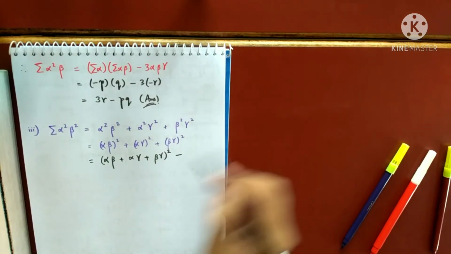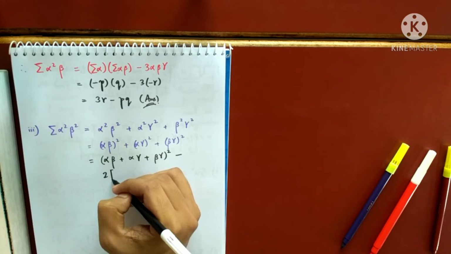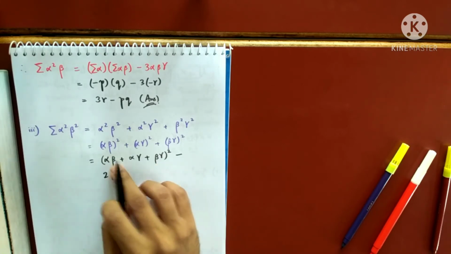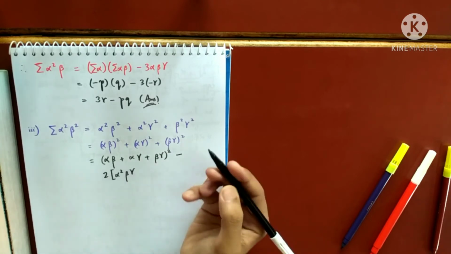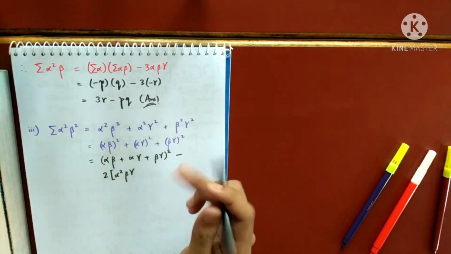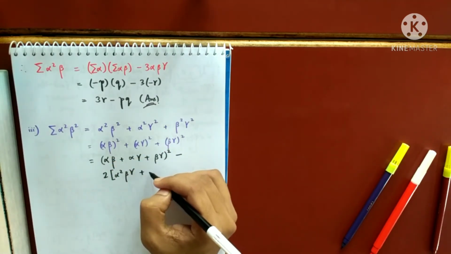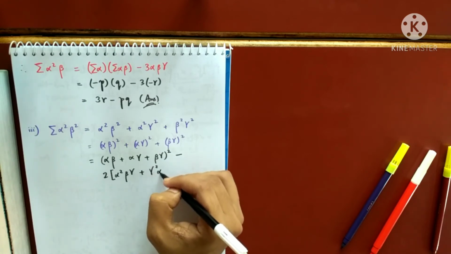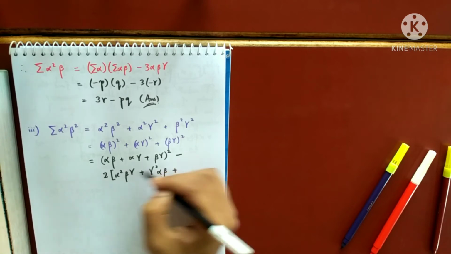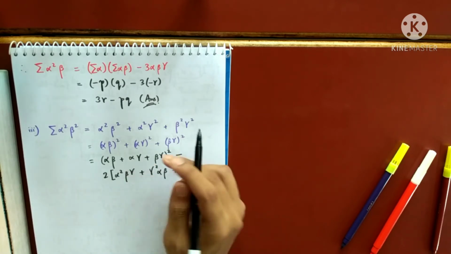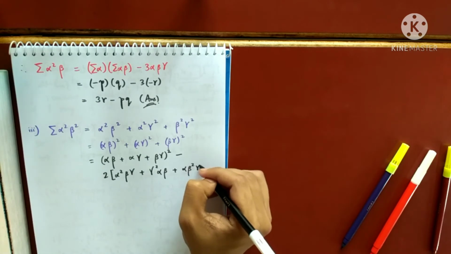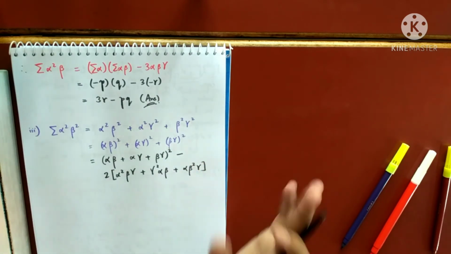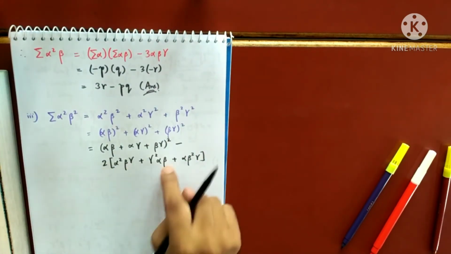So I have to subtract all these. Minus 2 times ab. What is this ab? Alpha square beta gamma. This is extra. I'll get bc, which is extra, that means gamma square alpha beta, and I'll get 2ca, which is extra, that is alpha beta square gamma. So these 6 terms are basically repeated twice.